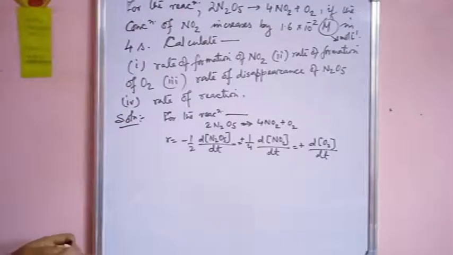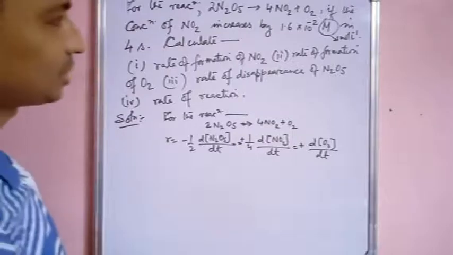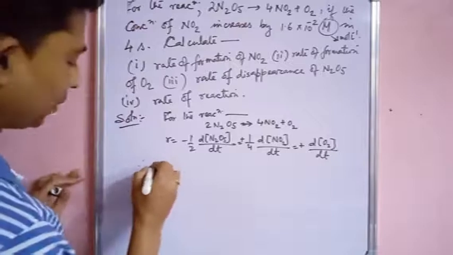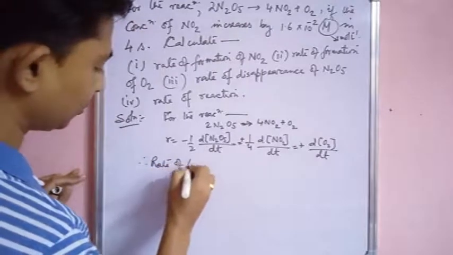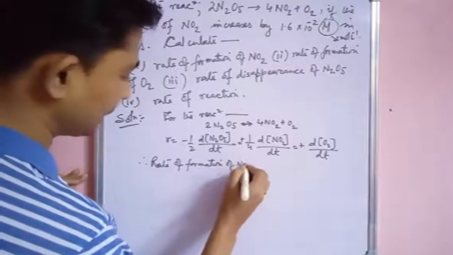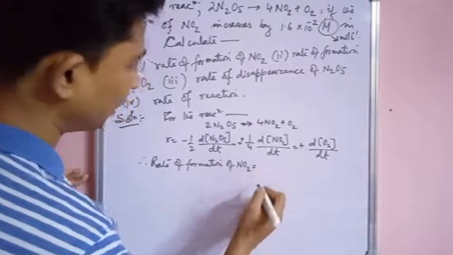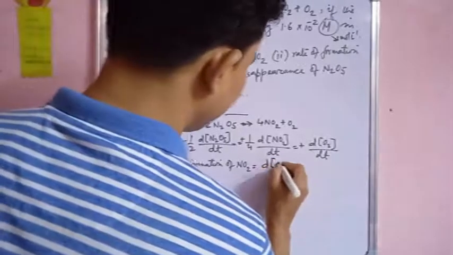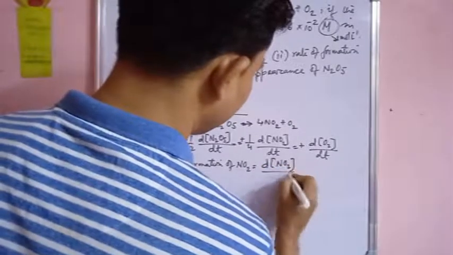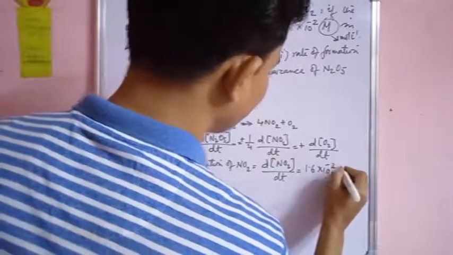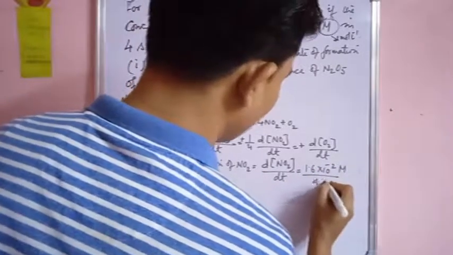Now it is said that the concentration of NO2 increases by 1.6 × 10⁻² mole per liter in 4 seconds. So therefore the rate of formation of NO2, dNO2 by dt, is equal to 1.6 × 10⁻² M divided by 4 seconds.